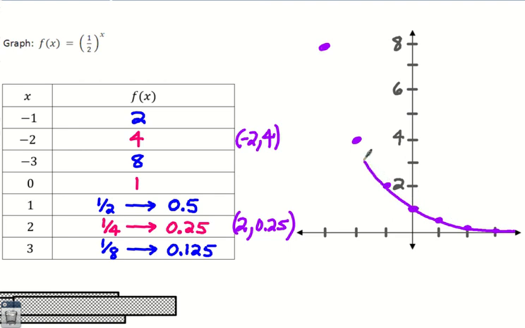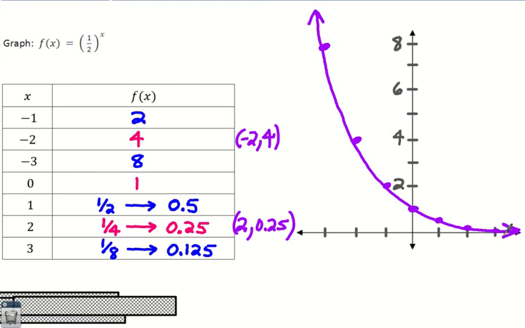As you plug in smaller and smaller x values in the negative direction, like -5, -10, -12, -50, that's when you're just blowing up super fast.